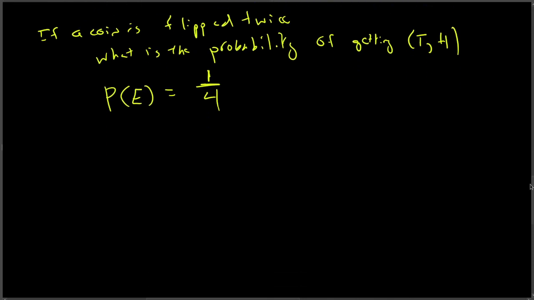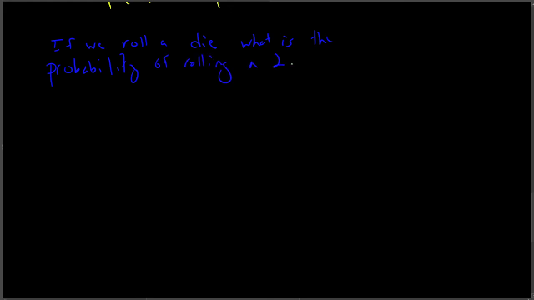All right, let's do another example here. If we roll a die, what is the probability of rolling a 2 or a 5? Well, all the possible outcomes of rolling a die was 1 through 6.